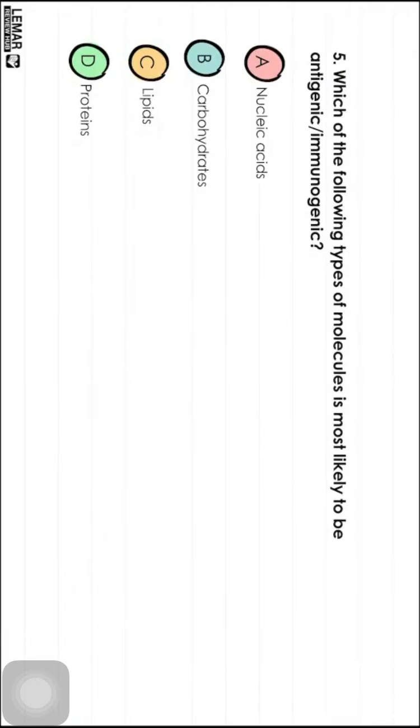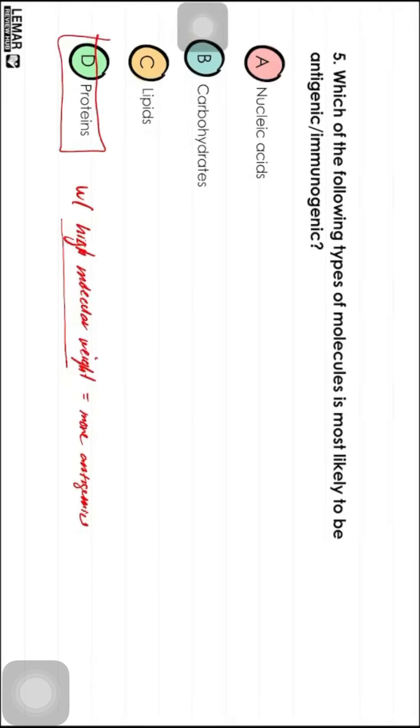Number 5. Which of the following types of molecules is most likely to be antigenic, or what we call immunogenic? We have nucleic acids, letter A; B, carbohydrates; C, lipids; or letter D, proteins. So for number 5, the answer is letter D, proteins.